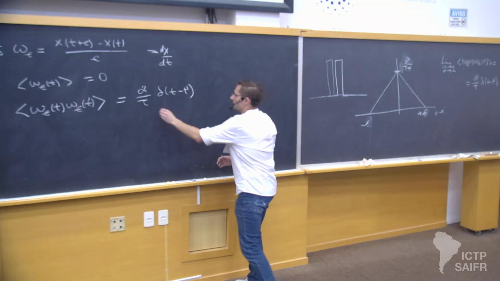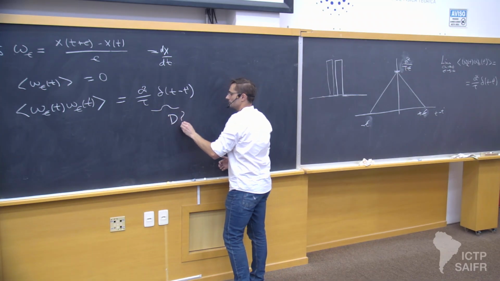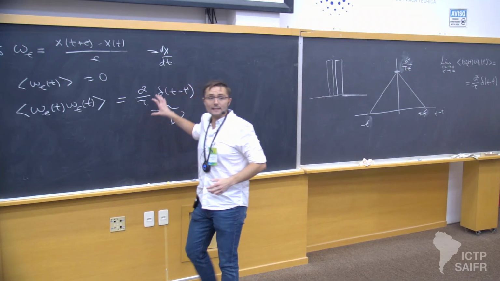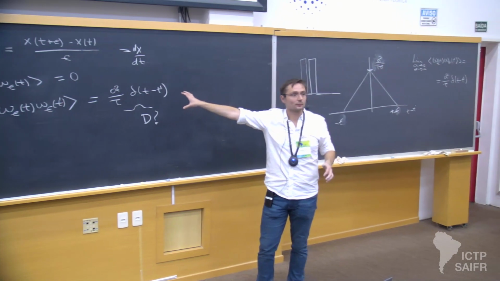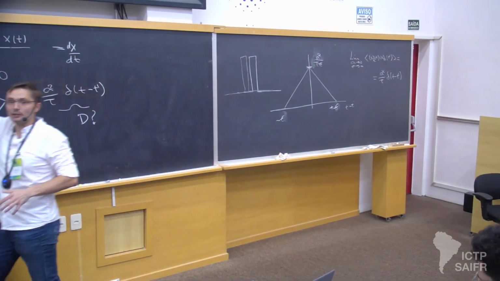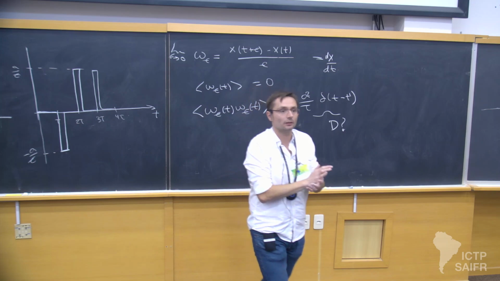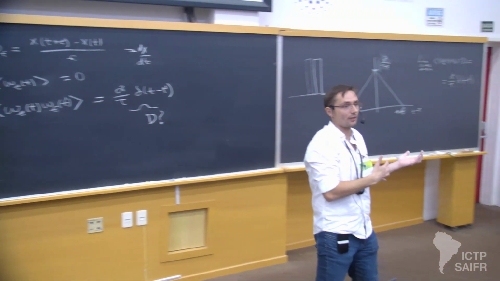So in principle, if you are able to plug here a diffusion, this equation is going to give you trajectories that are sampled from this probability distribution function that we were defining before. And it will be a complementary way of describing this system.